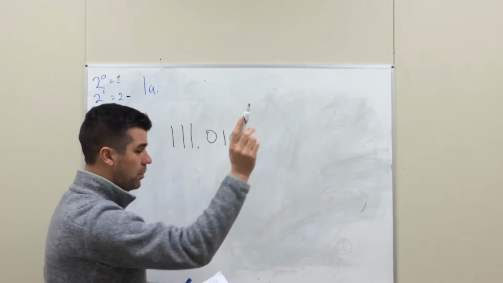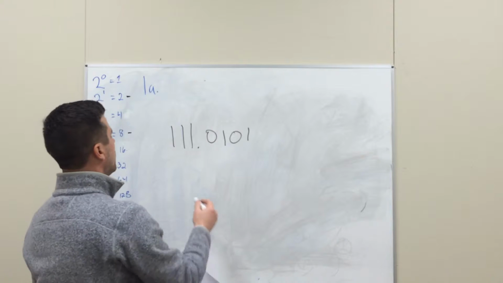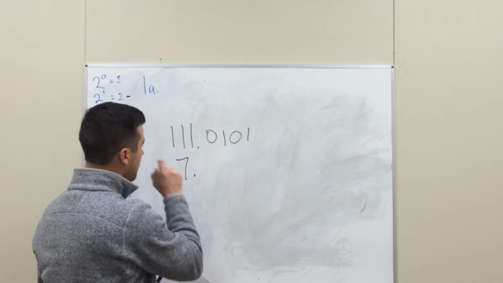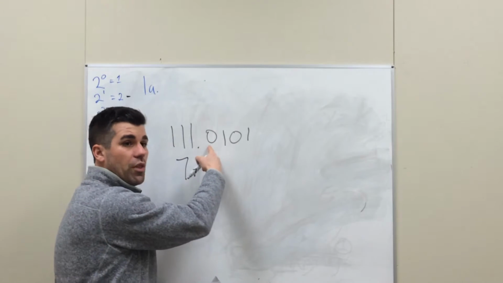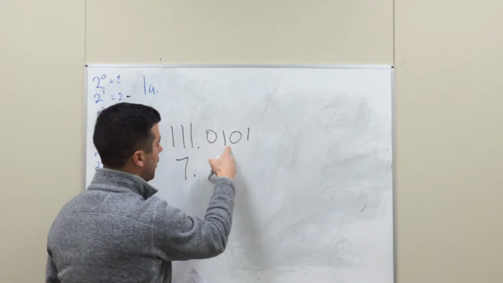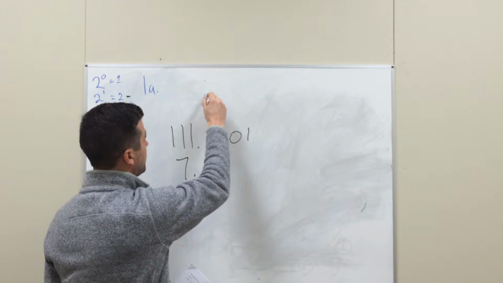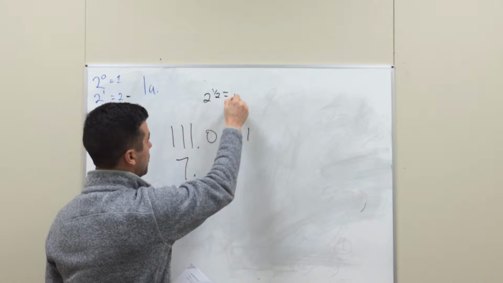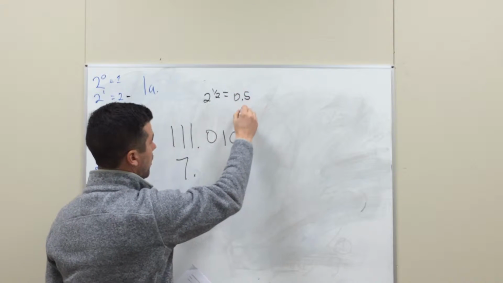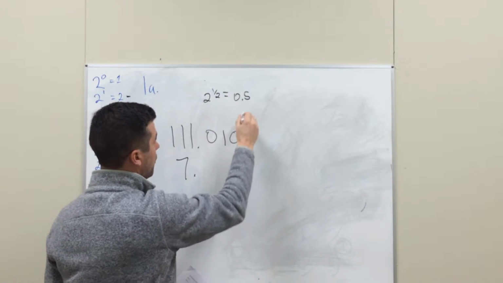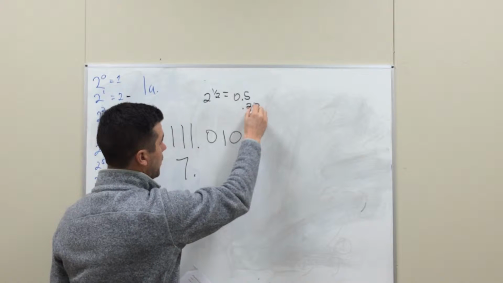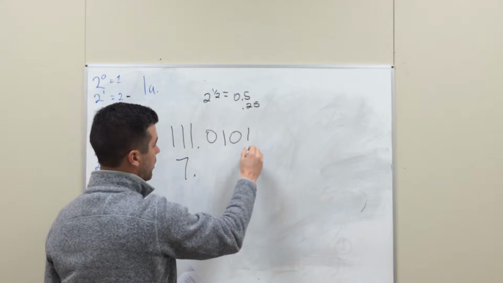Okay, there was another 0, but who cares about that, right? So we know that this is 7. We know that this is 2 to the 1/2, sorry, is equal to 0.5, right? Then 2 to the 1/4 is equal to 0.25, okay?